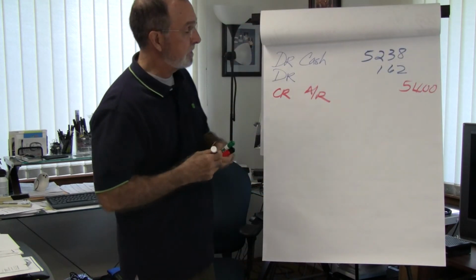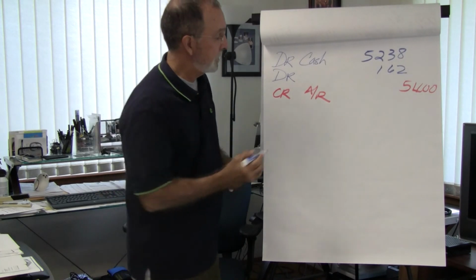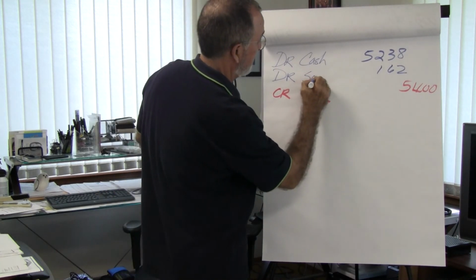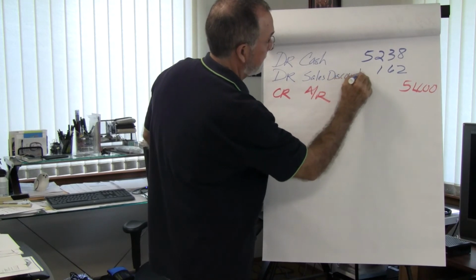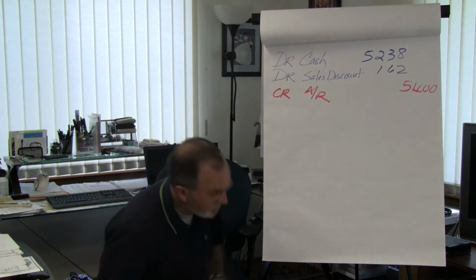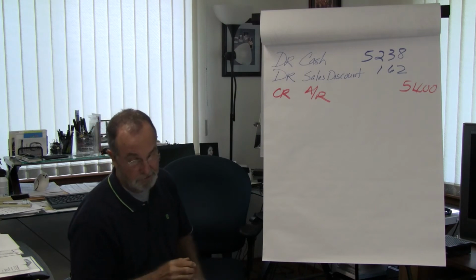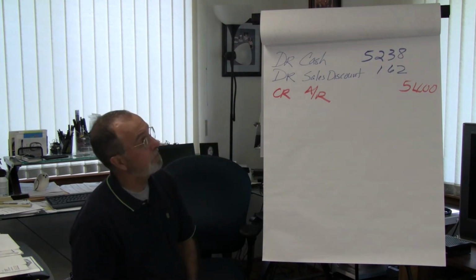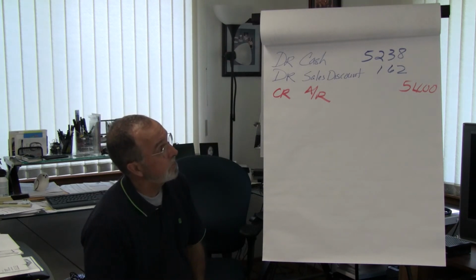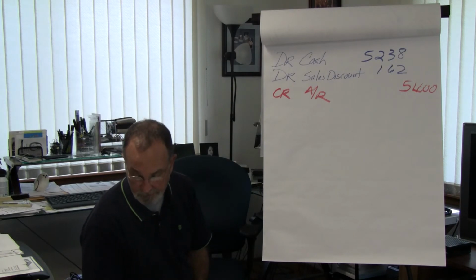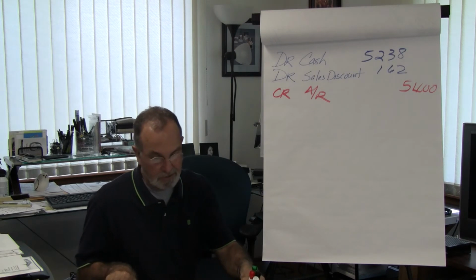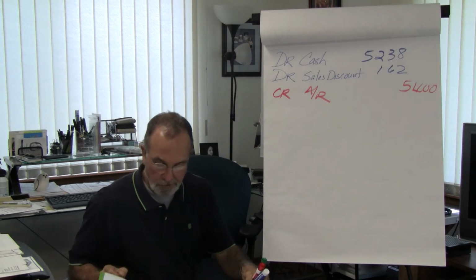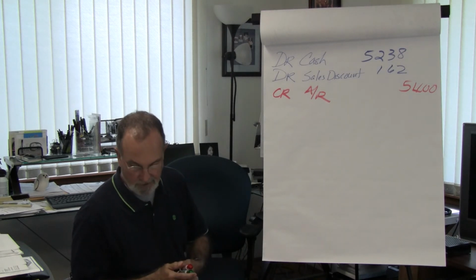So our debit is to the contra revenue account, sales discount. And that would be the journal entry to show the collection of the entire account balance from Nancy's Gym.